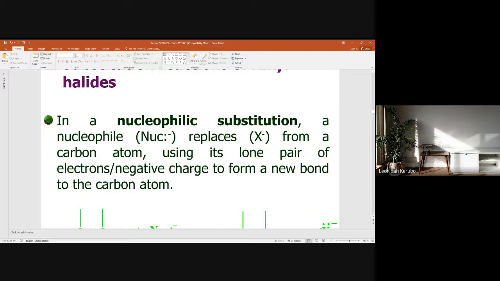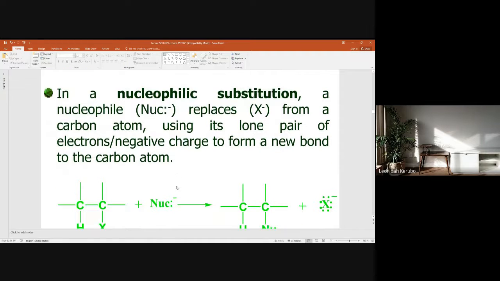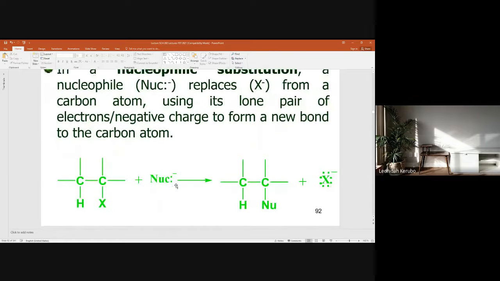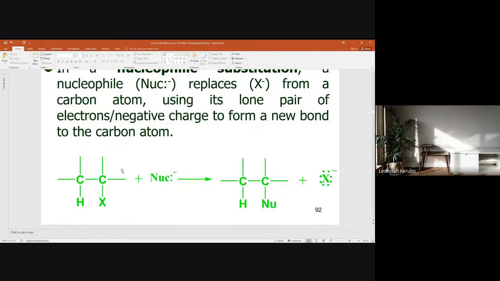In a nucleophilic substitution, a nucleophile, an electron-rich species, replaces a halide on a carbon atom, using its lone pair of electrons or negative charge to form a new bond to the carbon atom. This is the general reaction without necessarily showing the mechanism, whether it's SN1 or SN2.